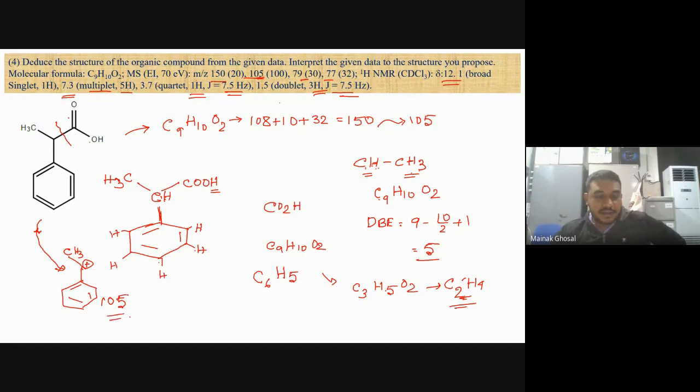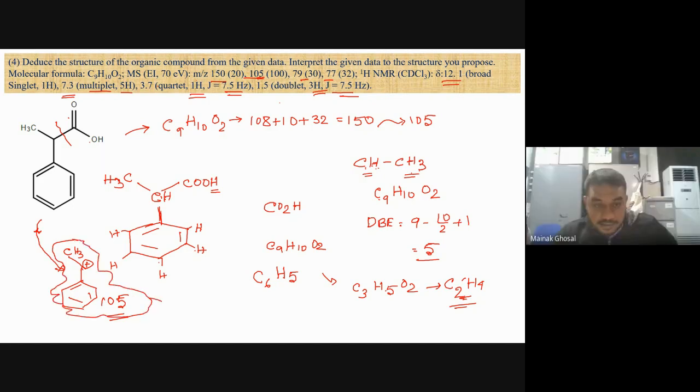Is this the correct structure? Check this molecular weight. This is 105. But what I am asking is, is this the correct structure? It will rearrange.